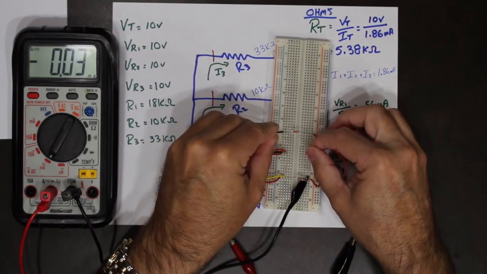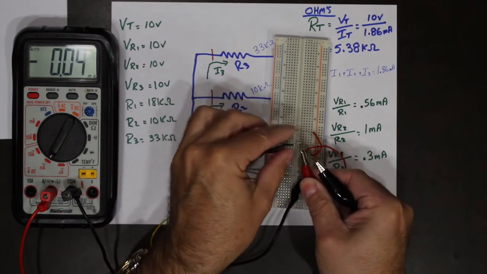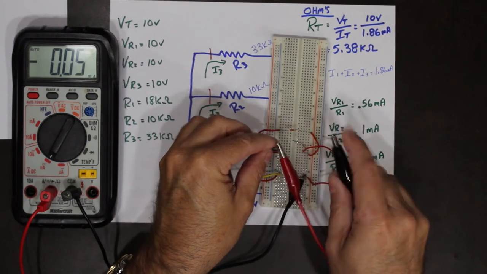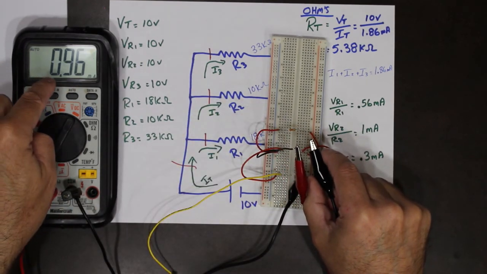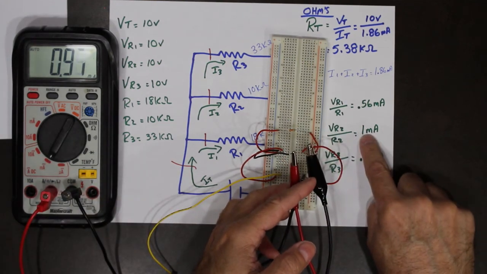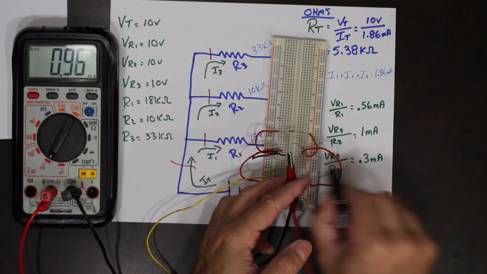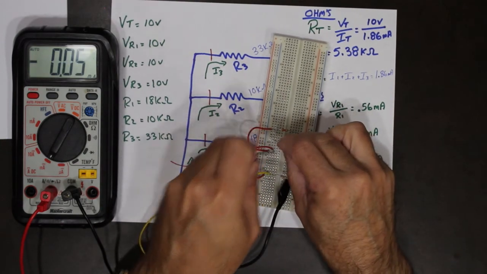So let's pretend right there, that's where I broke my wire. I will put my ammeter in place. 0.97, 0.96, pretty close to 1 milliamp. So now I will put that resistor back into place.